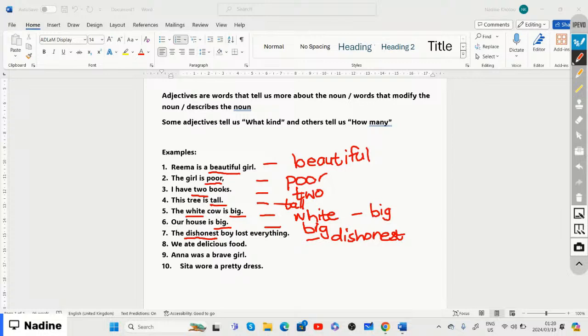It is the naughty boy. He is a good boy. The shy boy. Those are all words, for example, that tell us what kind of boy it is. And in this case, they're saying the dishonest boy lost everything. So if we were to say what kind of boy it is, we would say it is a dishonest boy.